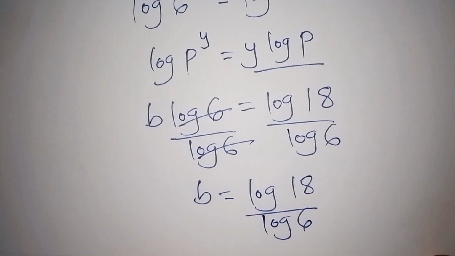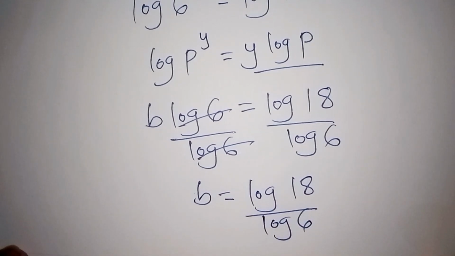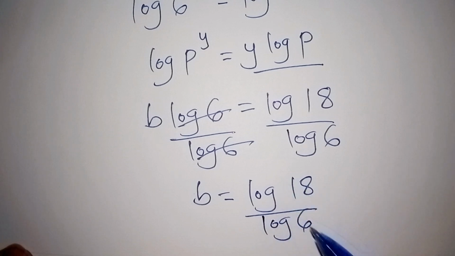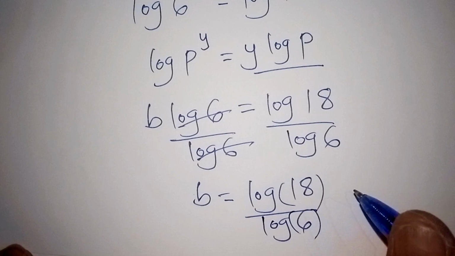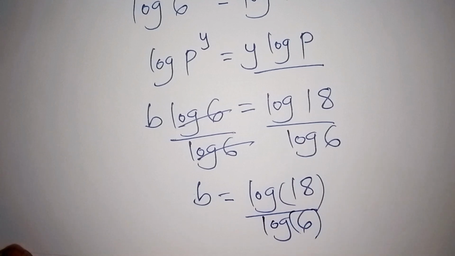So don't leave your answer at this point. We can still simplify it further. Or you can use the calculator and insert the log of 18 all over the log of 6, but then we shall get the answer as a decimal.